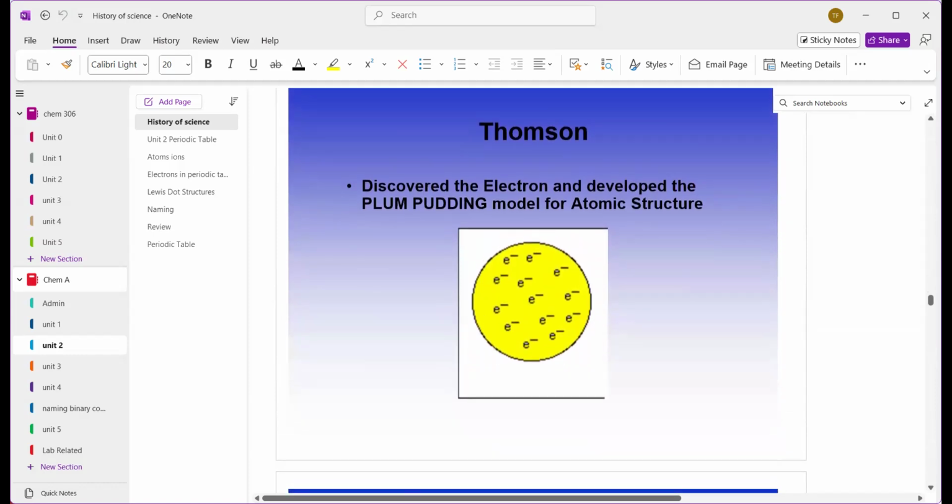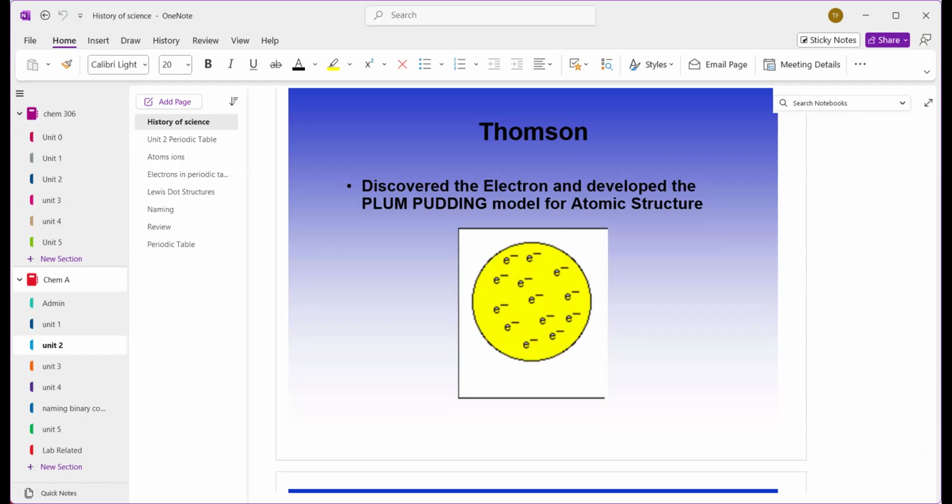Okay. Now the problem is Dalton didn't talk about how the atom is organized. By now, a guy named Thomson said we need a model to kind of talk about this. His model was called the plum pudding model, which is basically a glob where everything is kind of thrown in. There are 2 things thrown in.